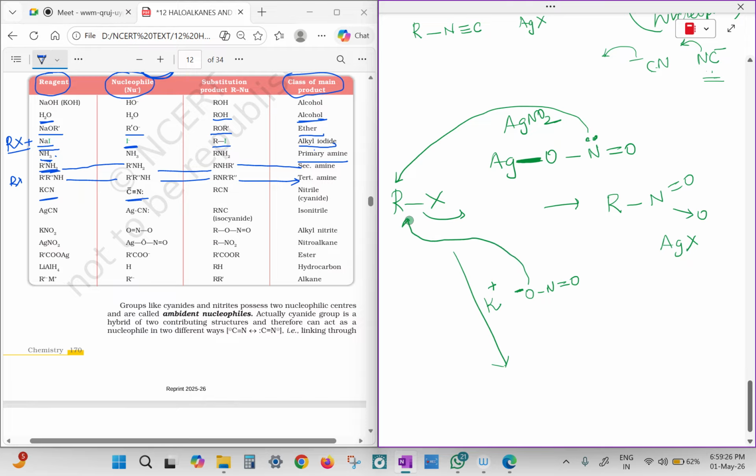So the attack happens through oxygen and R connects to oxygen, then nitrogen double bond O, and this compound is said to be alkyl nitrite. Whereas here this is said to be nitroalkane.